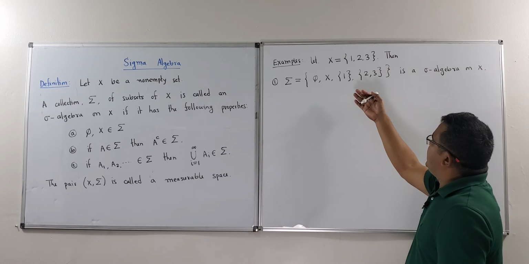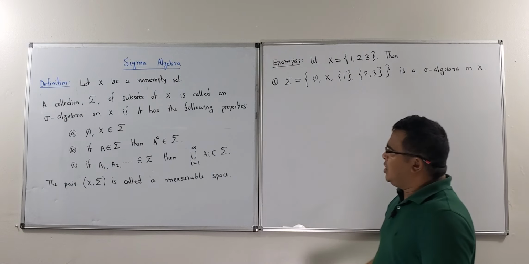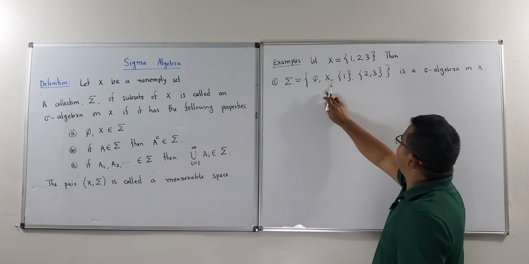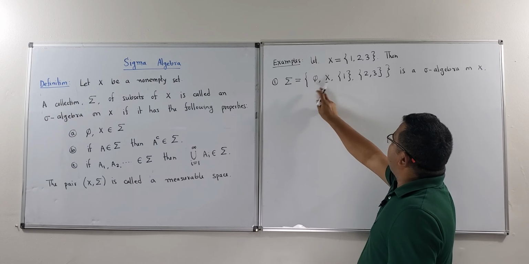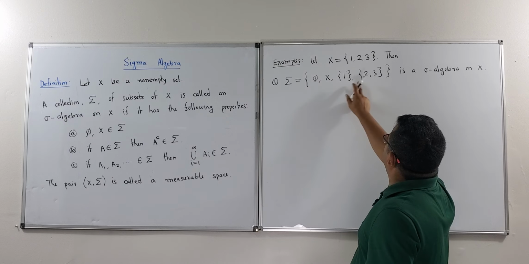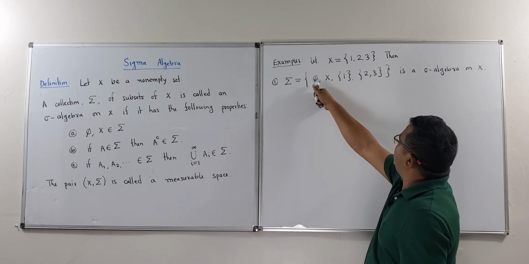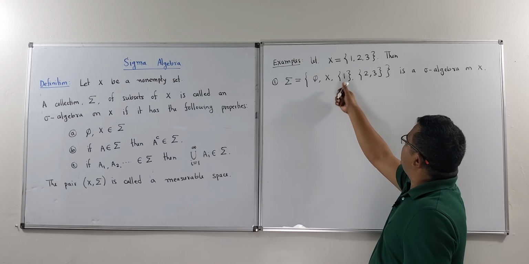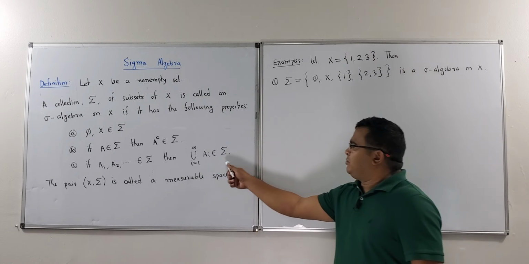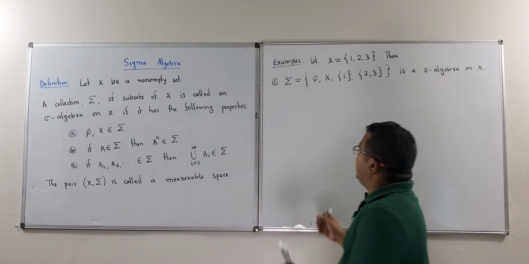So for any element, its complement is also in that collection. Now for the third property, the union should be in that collection. The union of the empty set and X is X, the whole set. The union of {1} and {2, 3} is X. The union of the empty set and {1} is {1}, which is also here. So it satisfies the third property, and this collection is called a sigma algebra.